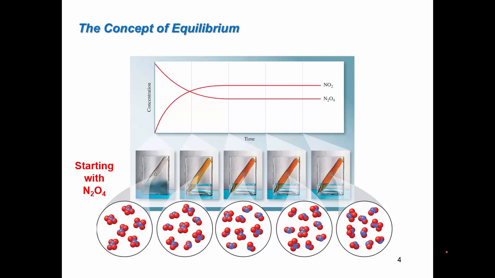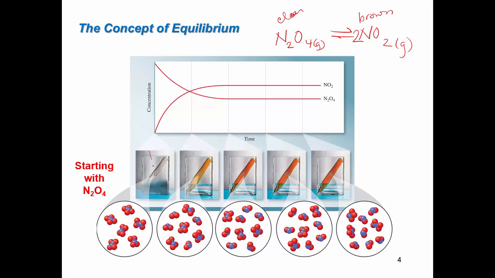So here we have as an example the decomposition of dinitrogen tetroxide. Dinitrogen tetroxide as a gas is going to decompose into nitrogen dioxide, which is also a gas. Now, nitrogen dioxide is brown, and this is clear.